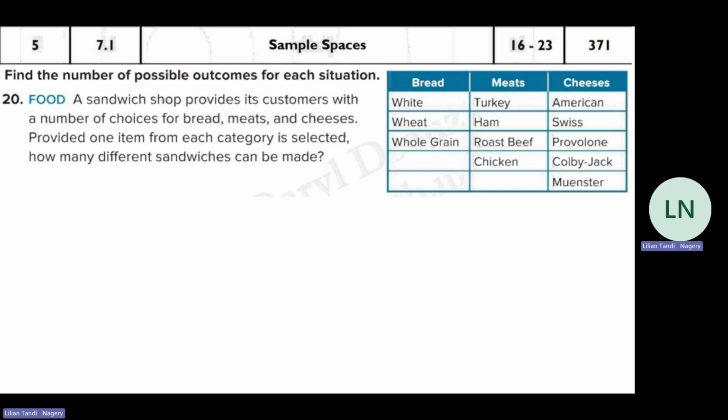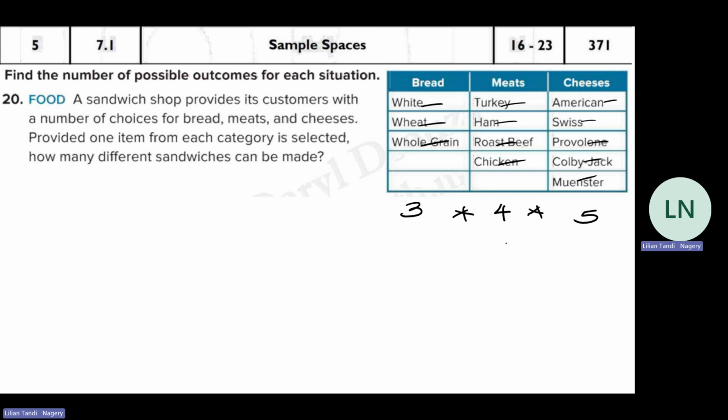A sandwich shop provides its customers with a number of choices for bread, meats, and cheeses. 3 breads, 4 meats, 5 cheeses. Provided one item from each category is selected, how many different sandwiches can be made?